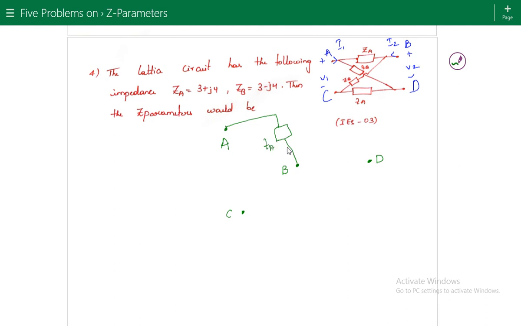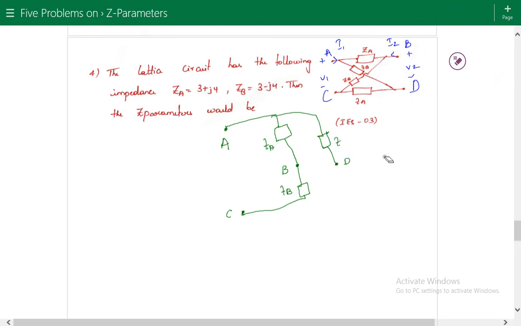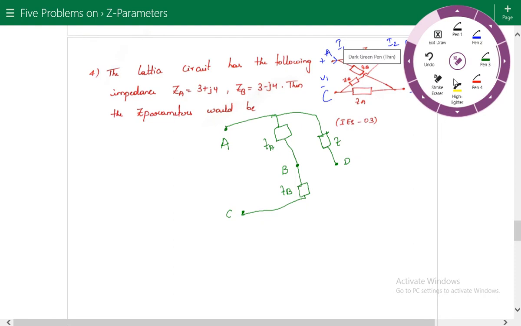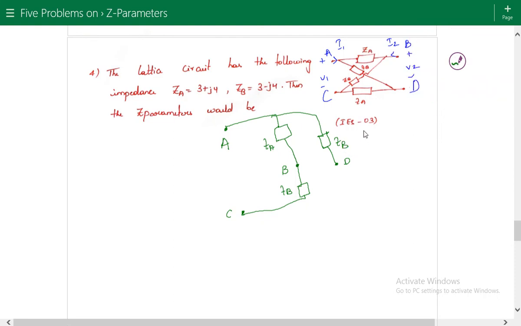Between B and C we have ZB. Between A and D, what do we have? We have ZB. Between C and D we have ZA.